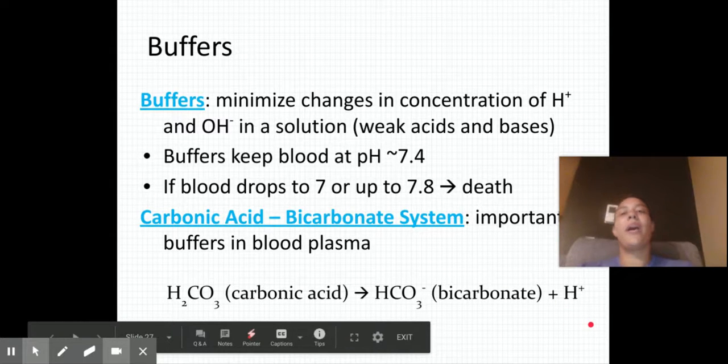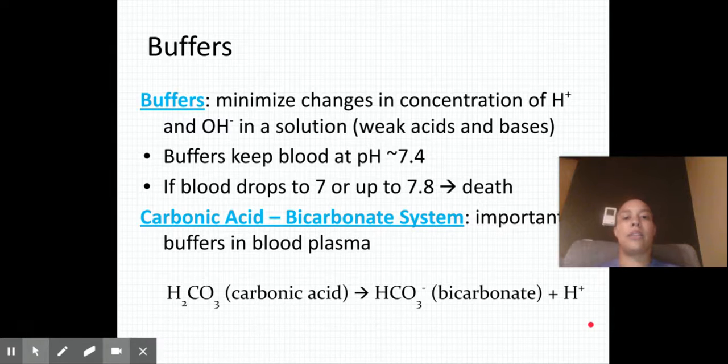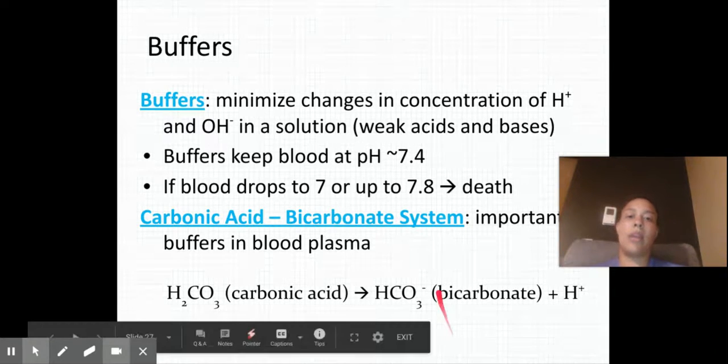Okay, so buffers are going to be found within biological systems and within our cells to just kind of keep things in check and balance. So, as acids or bases are added to the environment or added to the cellular area, these will help kind of keep things at a neutral stance, which is super important. So, again, we've got our blood pH level, which is stable around 7.4.